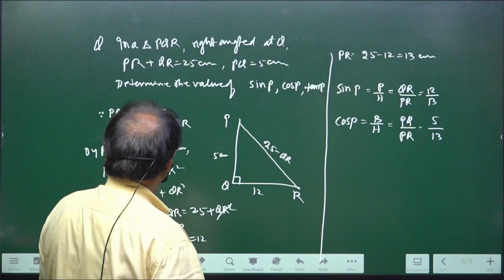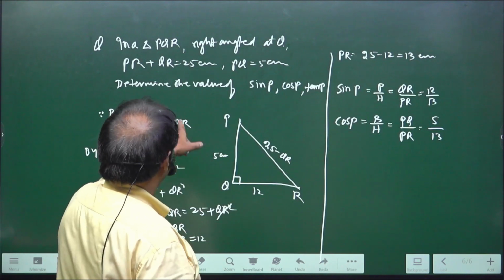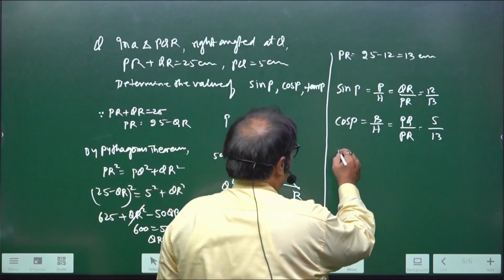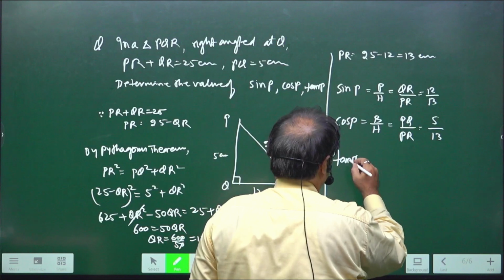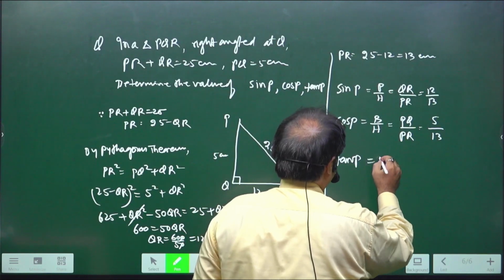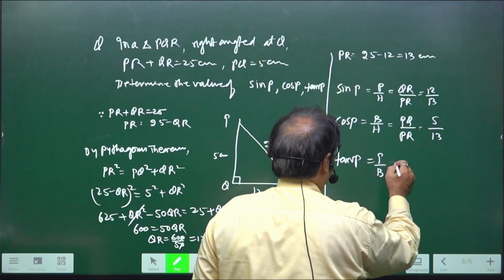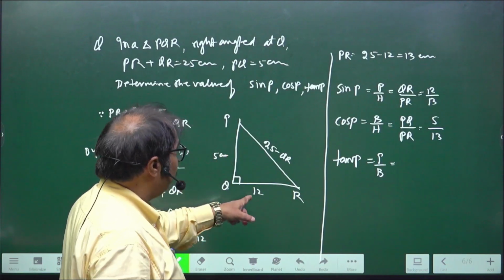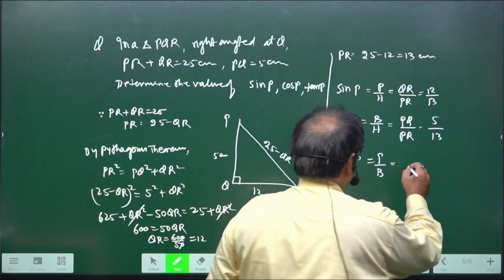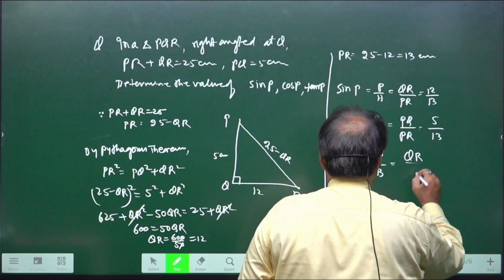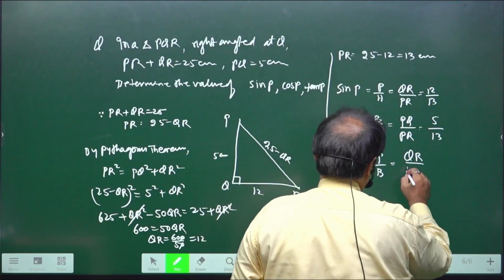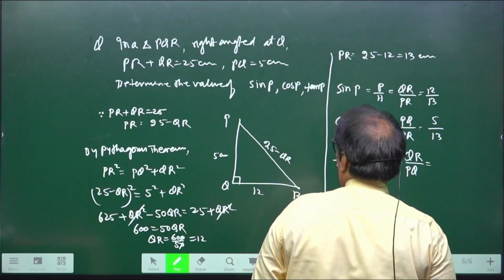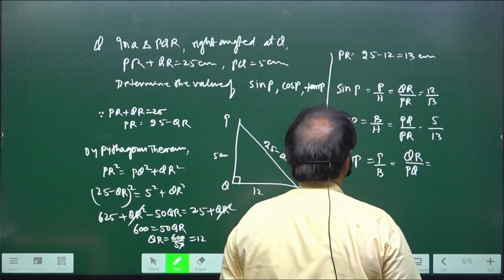Now the question says tan P. The value of tan is the ratio of perpendicular upon base. As per angle P, the perpendicular side is QR and the base is PQ.